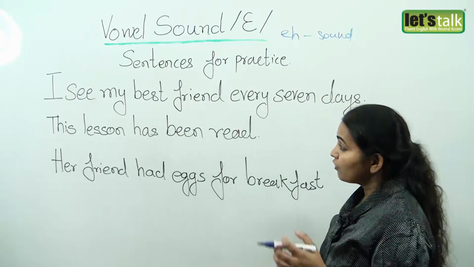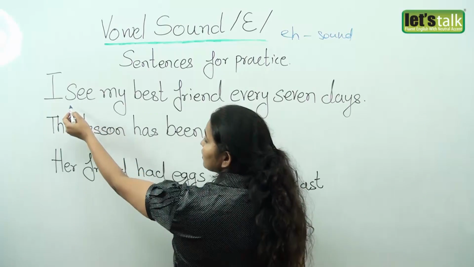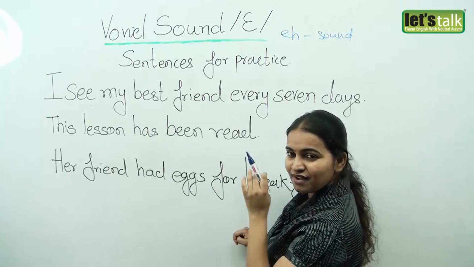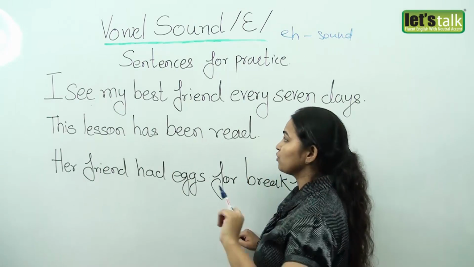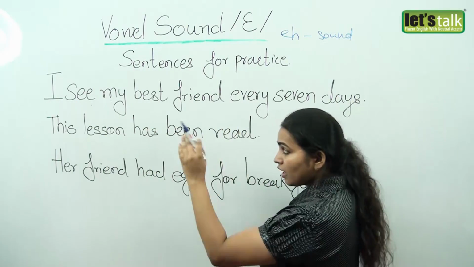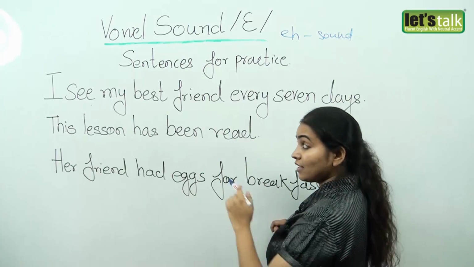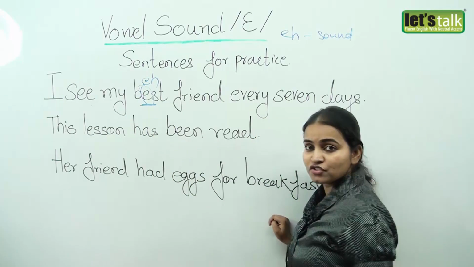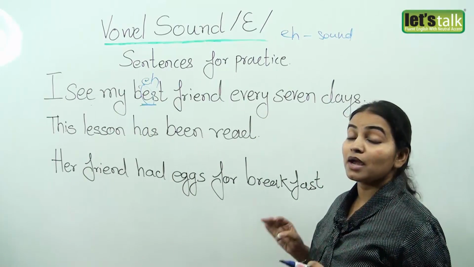The first sentence, "I see my best friend every seven days." None of the first words have the eh sound, do they? No, they don't. "Best," the e giving me the eh sound.